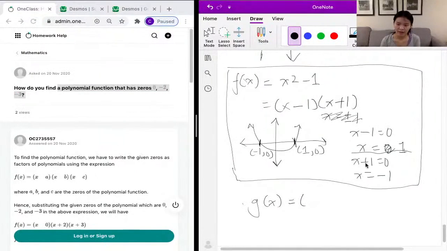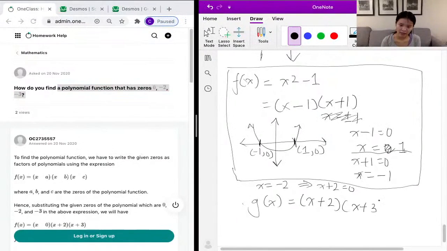When x equals -2, in order to find a 0, we need to add 2 on both sides, so we have x plus 2 equals 0. So one of the factors of our function is x plus 2. Similarly, when x equals -3, we add 3 on both sides, so the other factor is x plus 3.